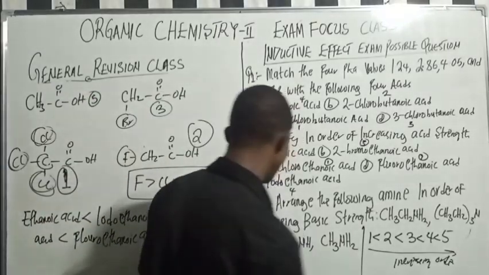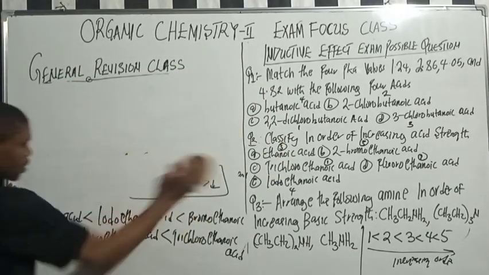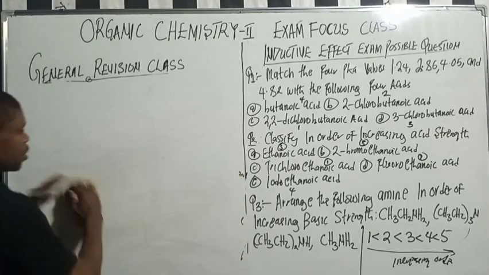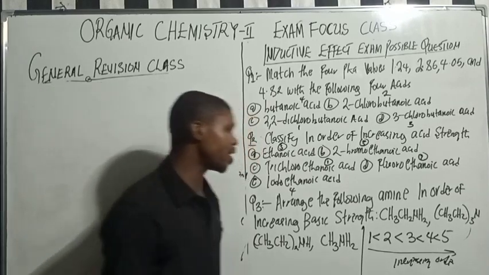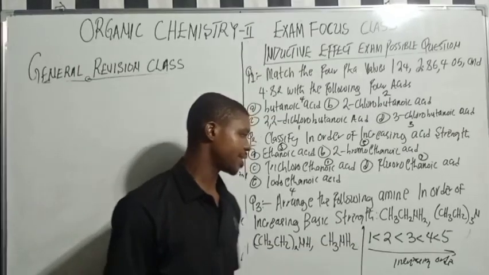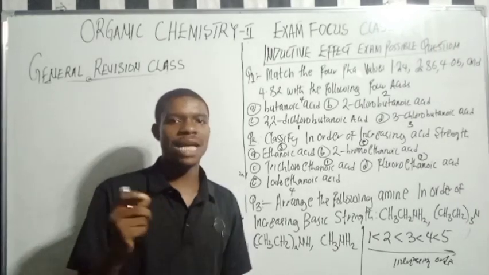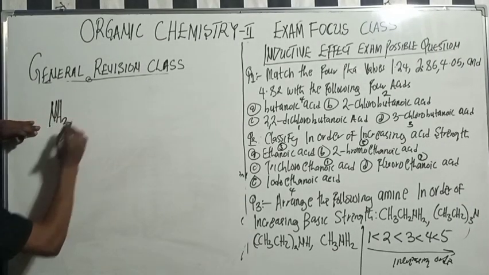Now the next one is number three. Look at number three. Arrange the following amines in order of increasing basic strength. Now, amines are derivatives of ammonia. If you look at ammonia here, we have NH3, right?